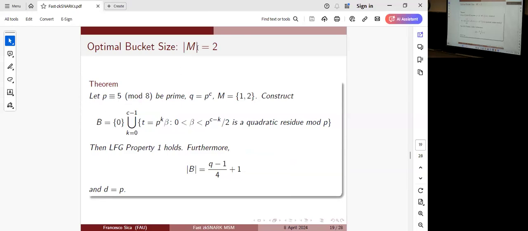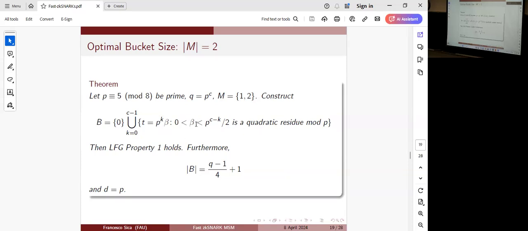So when M is equal to 2, then we have this. If P is, say, 5, or in fact any prime which is equal to 5 modulo 8, and the bucket size is 1, 2, then if you construct your buckets to be of this form here, so basically, what are these?